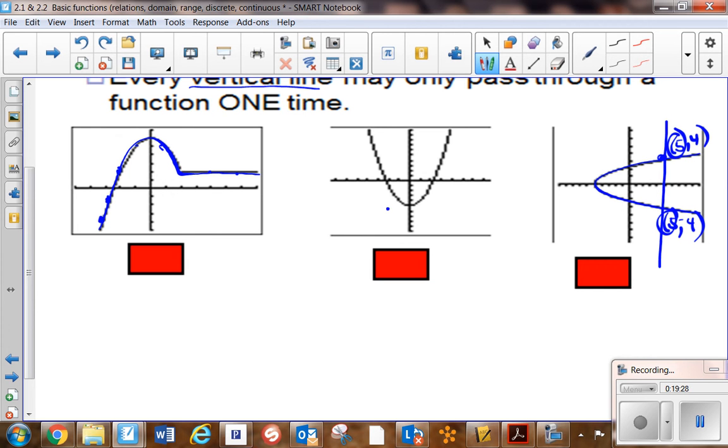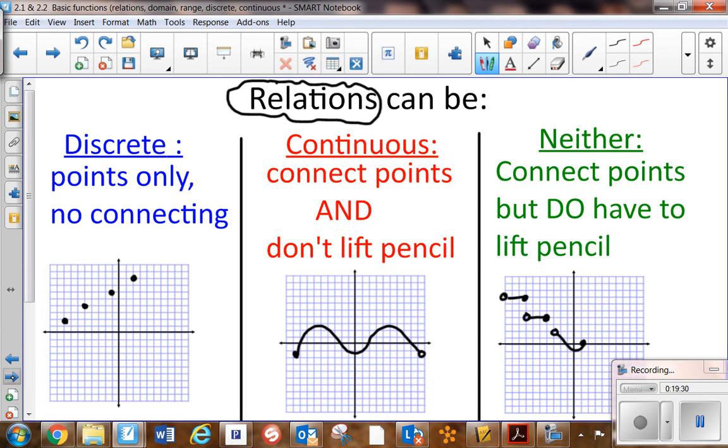Okay, we doing all right? Now let's talk about this whole discrete, continuous, neither thing. Don't write a bunch down yet. Let me give you a scenario. You all have certain friends that if you tell them a secret, you can trust them.